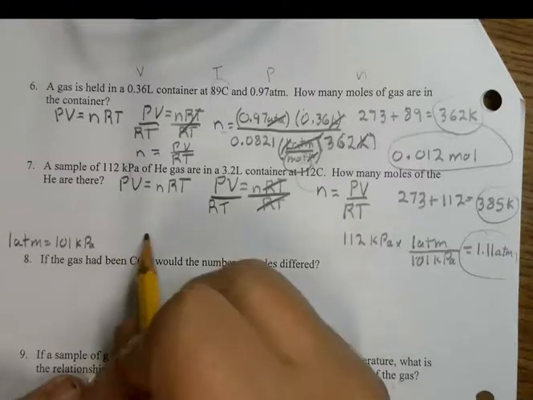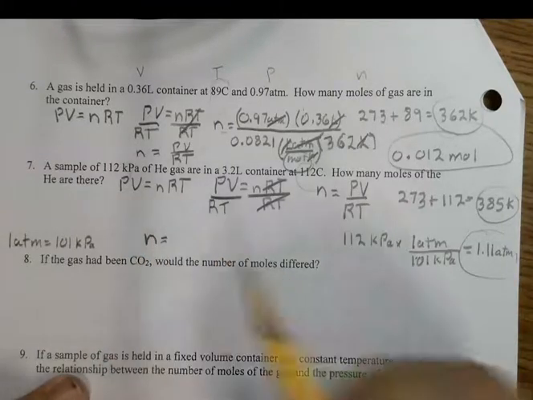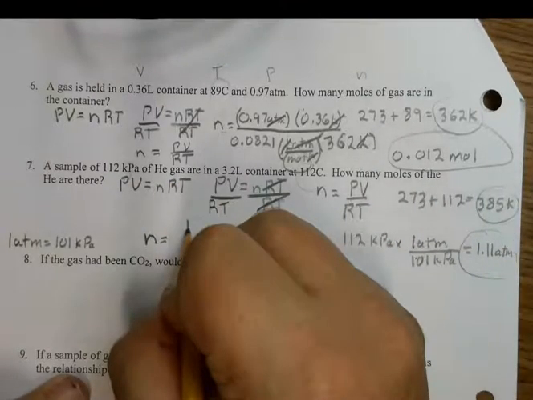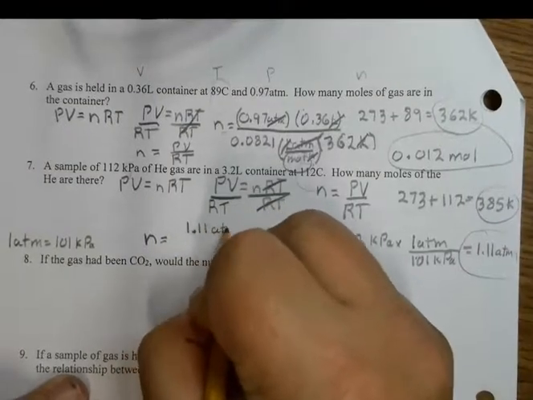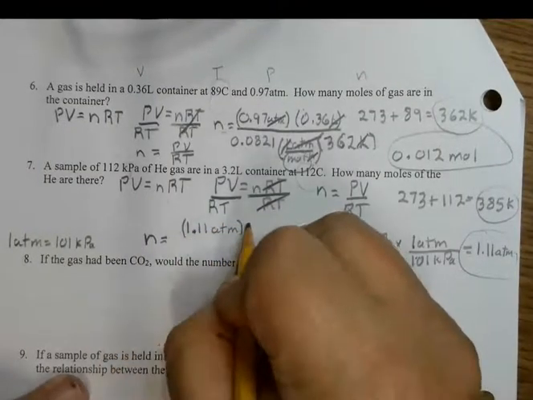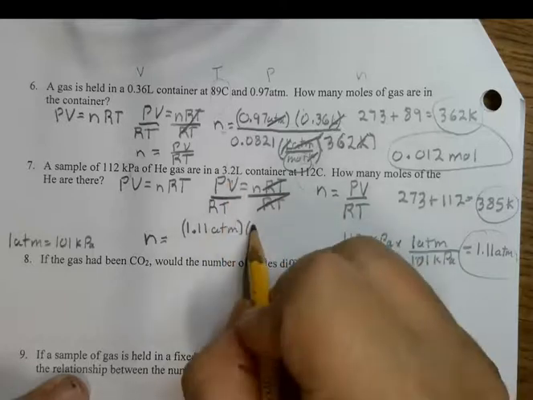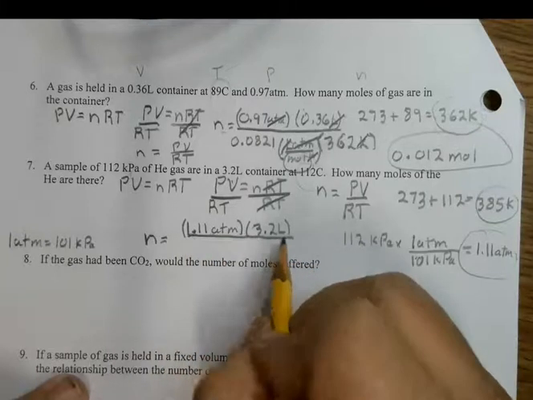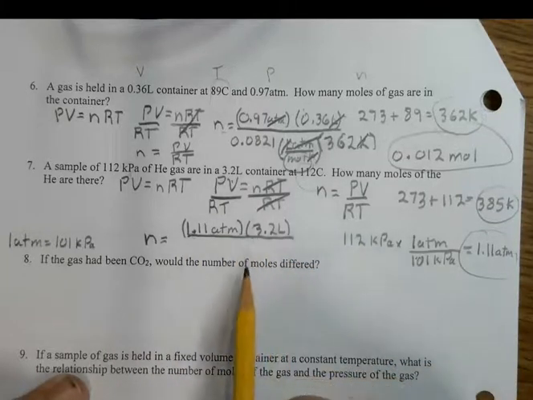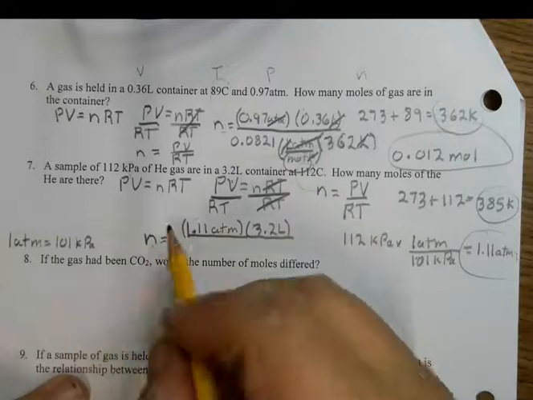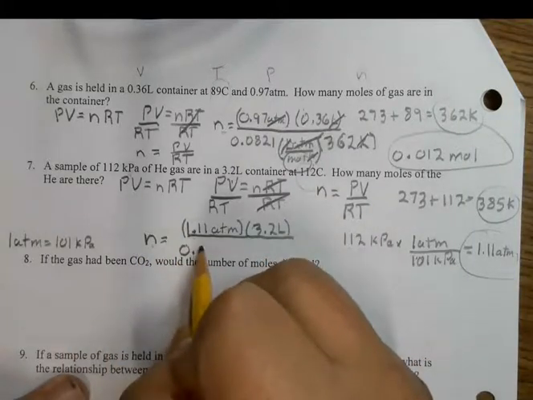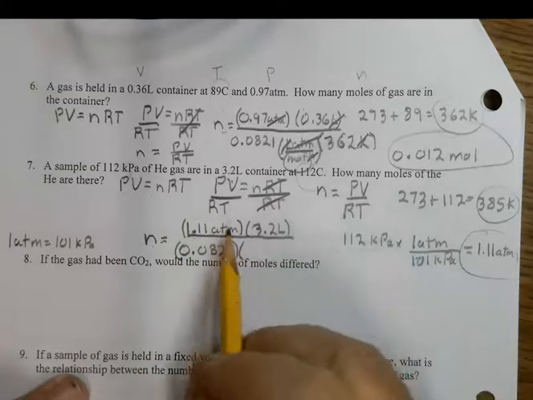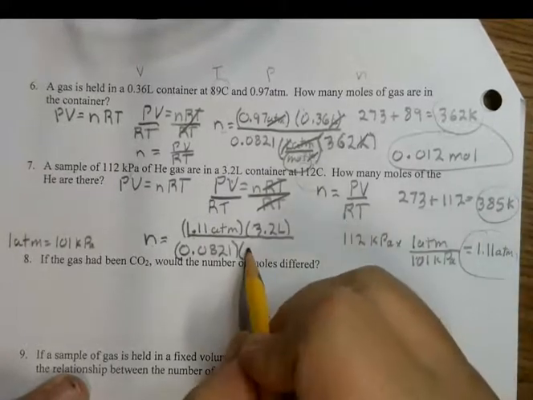Now we have all the numbers that we need to plug into the equation. So let's go back and do that. I'll do it down here. N equals pressure, and that's right here, 1.11 atmospheres, times volume, right there, 3.2, over R. And I hope you're satisfied by now that R works. It'll cancel the units properly to give us moles. So I'm not going to write the units down here. It's 0.0821. And temperature is 385 Kelvin.